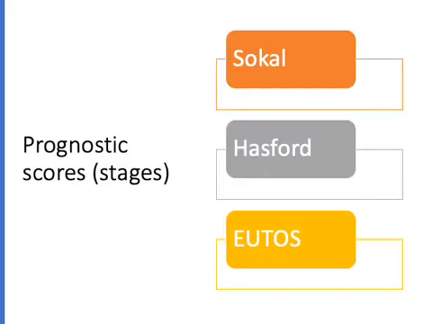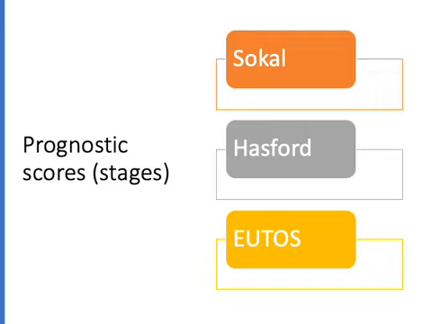Attempts have been made to stage CML at presentation in order to predict prognosis. In the past, the most frequently used were the Sokal score, the Hasford score, and the EUTOS score, which took into account factors such as age, blast percentage, spleen size, and platelet count.